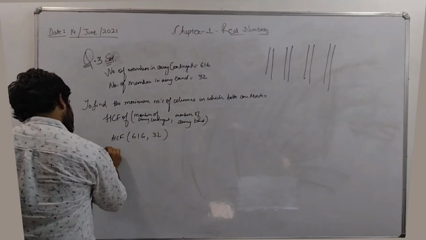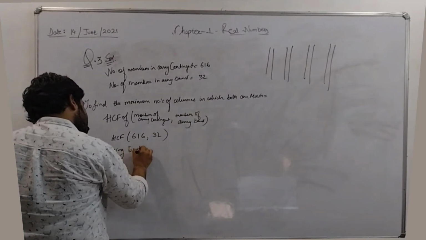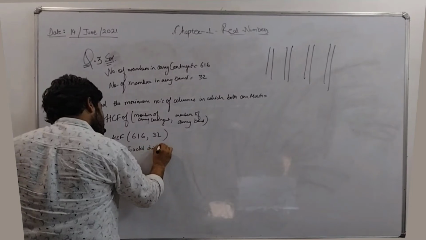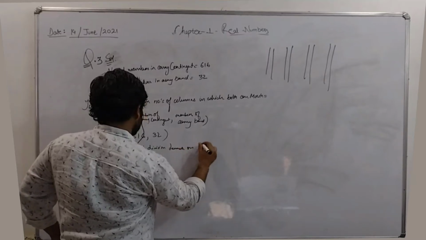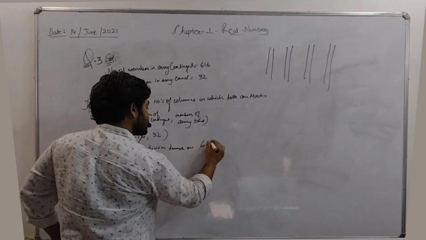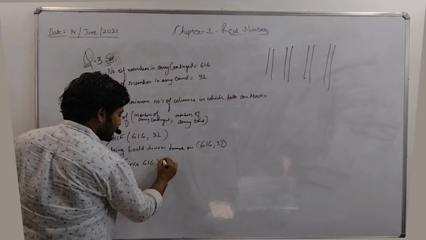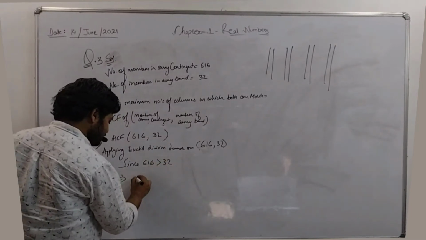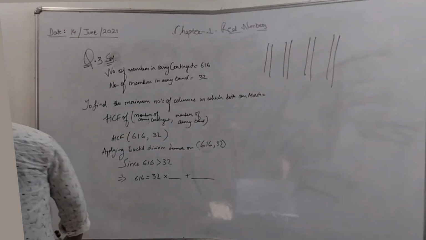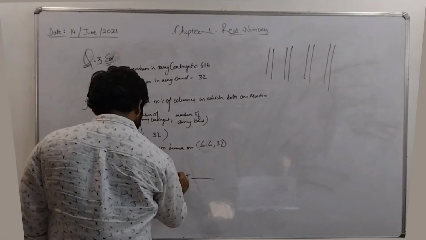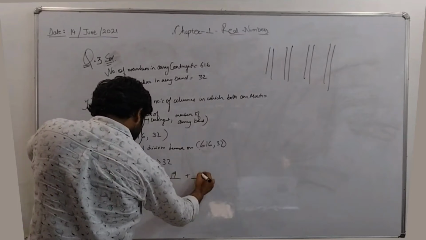So we can see, applying Euclid's division lemma on 616 and 32. Since 616 is greater than 32, we can write 616 is equal to 32 into dash plus dash. Please find out q and r first. So here we can say 32 into 19 is 608 and remainder is 8.